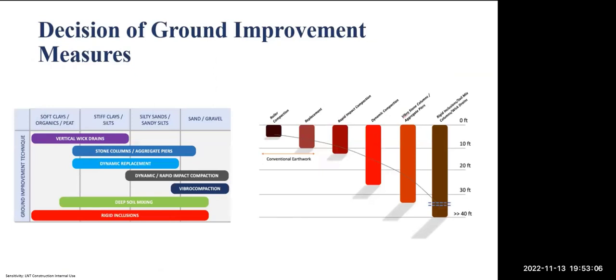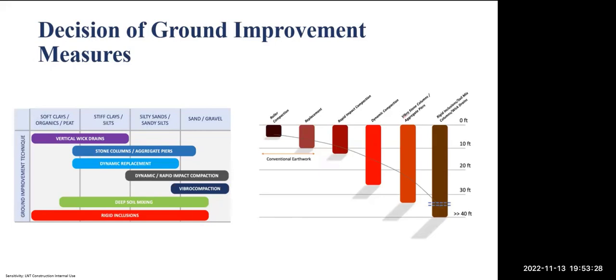One of these approaches is deciding on the ground improvement measures. One of the approaches I already showed was based on the fine fraction, the soil particle size, and the soil types. Similarly, based on the soil depth, we also need to decide about the ground improvement measures, that is, how much depth.